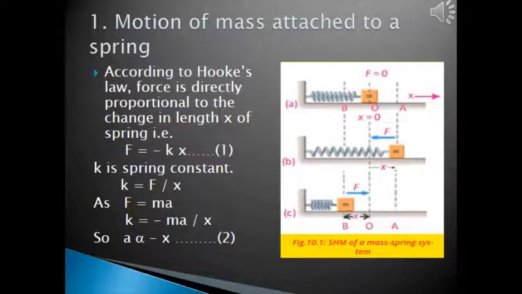The relation becomes F = -kx. F is the force, k is the constant of proportionality, and x is the change in length or displacement which the spring has covered. Now the minus sign shows that force and displacement are in opposite directions.